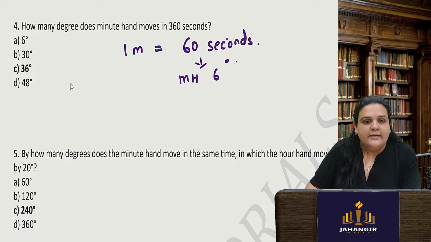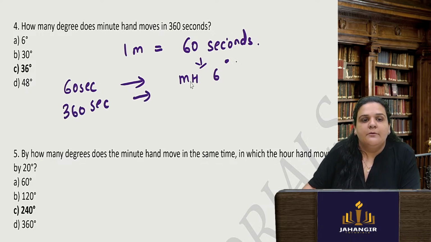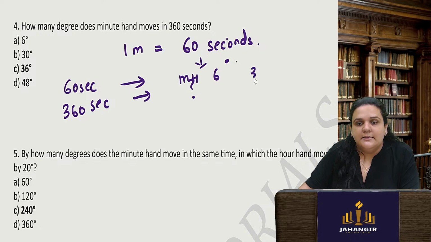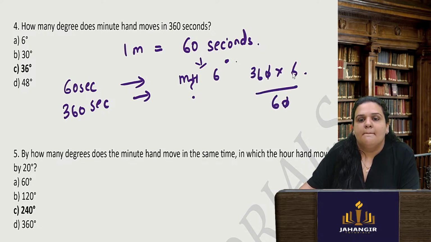So I can write it like this: in 60 seconds the minute hand is moving by 6 degrees. So in 360 seconds the minute hand will move by how many degrees? 360 into 6 upon 60. 36 is the answer.